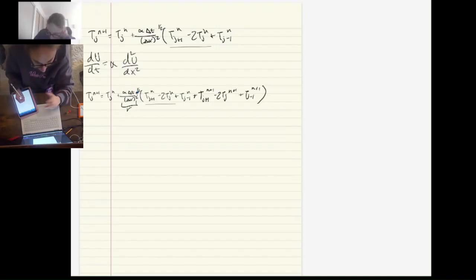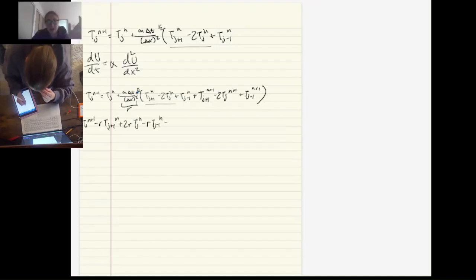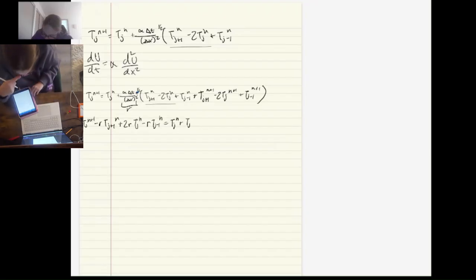Now the right side of the equation, where we have Tj n, then plus R Tj plus 1.